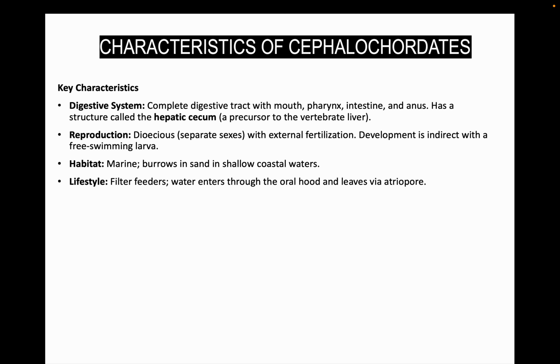Cephalochordates have what we call a hepatic cecum, a primitive form of the liver. Similar with hemichordates, most cephalochordates are dioecious, carry out external fertilization, and development is indirect. There is a free swimming larva that transitions to an adult later on.